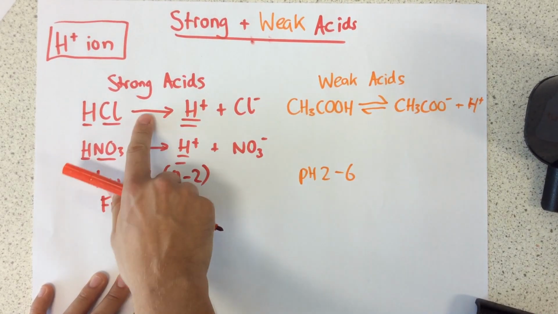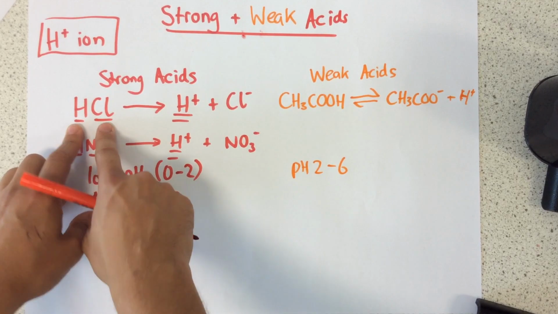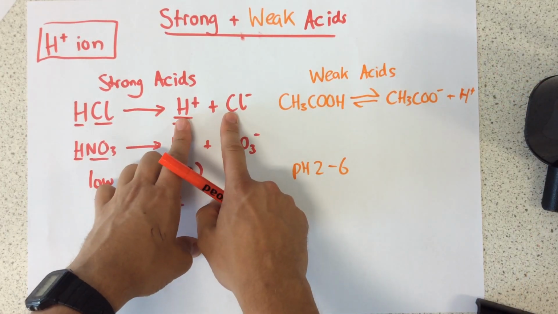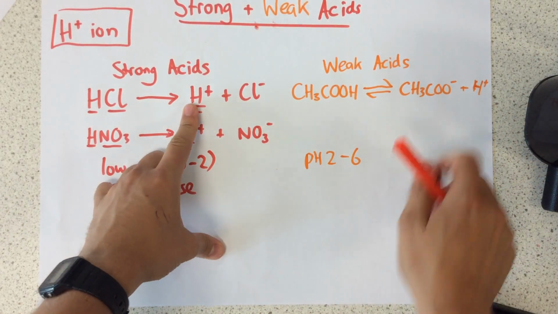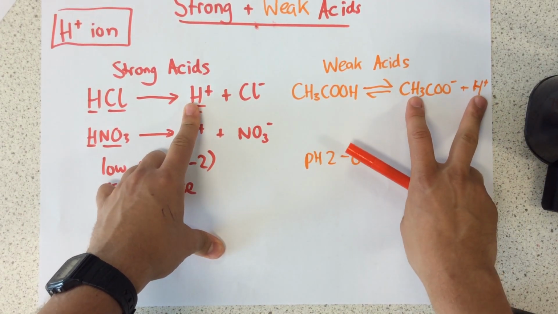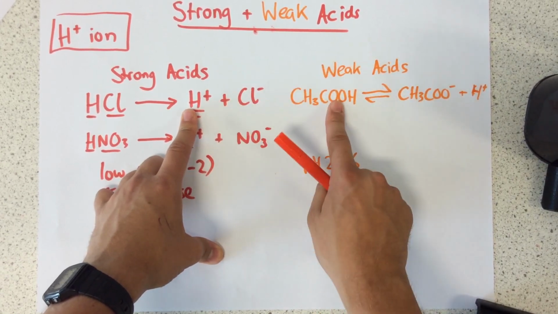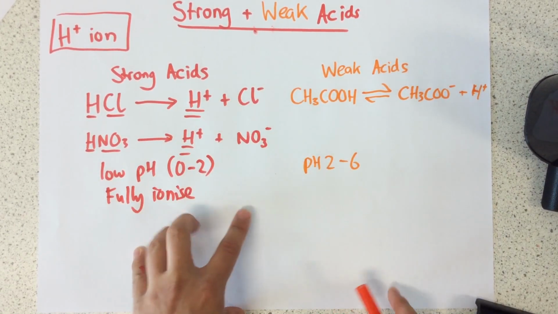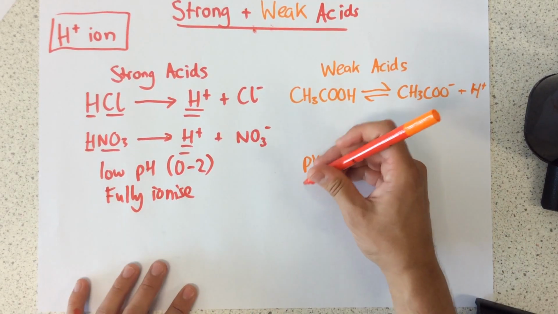So as we can see here, because we don't have a reversible reaction arrow, we just have this hydrogen and chlorine breaking down to form these two ions, or just allowing these ions to be free in solution, whereas these ones, because it's a reversible reaction, we can also have more ethanoic acid being formed, which would mean a lower concentration of hydrogen ions.